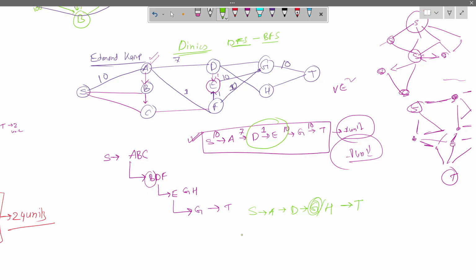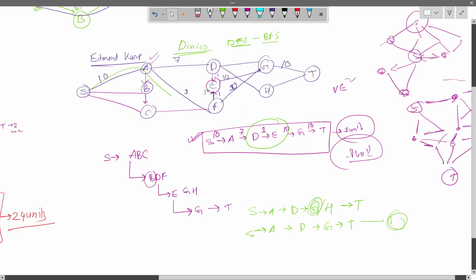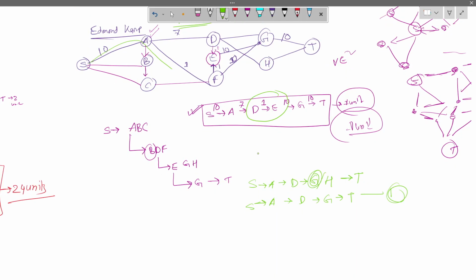Suppose it traverses G, so S to A to D to G to T, then the maximized flow is possible. Dinic's algorithm works better for these deep trees, as first it will traverse all the paths that are free, through which the goods or products can flow, maintaining the depth levels like 0, 1, 2, 3 and 4.